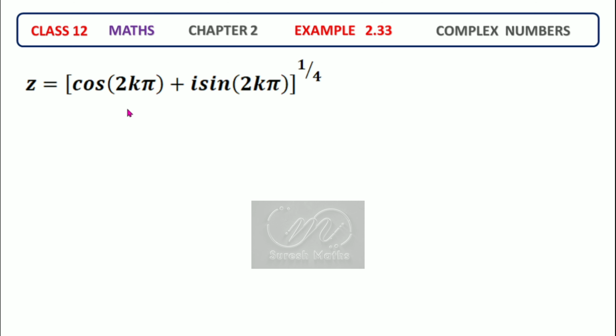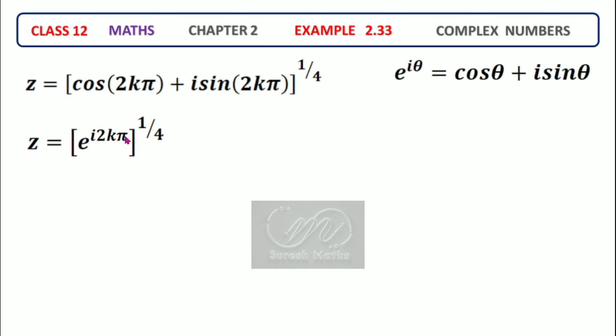Therefore z equals (cos 2k pi plus i sin 2k pi) whole to the power 1 by 4. Here 2k pi is considered as theta. We know the formula e power i theta is equal to cos theta plus i sin theta. It is Euler's formula. Using this formula, this can be written as e power i theta form, (e power i 2k pi) whole to the power 1 by 4.